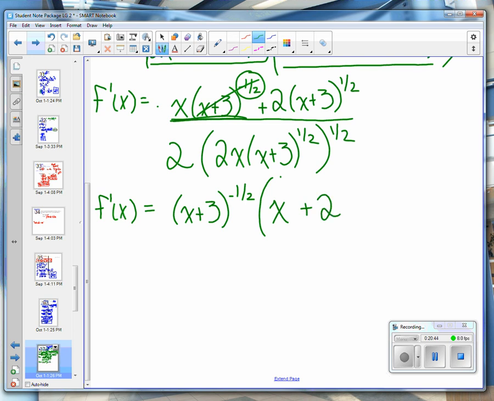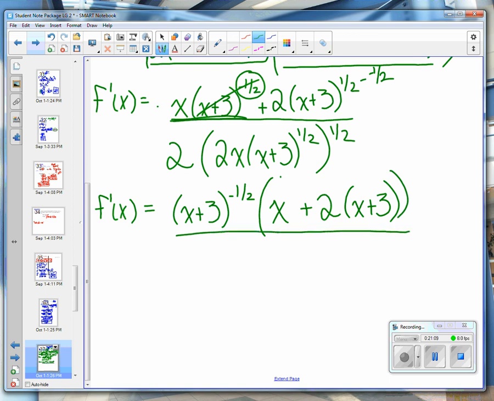And now remember, when I'm dividing out an exponent, it's like we're subtracting. So basically I'm doing minus negative a half here to reduce that exponent. So a half plus a half is 1. So this is just going to be x plus 3. So I can draw my bracket there.